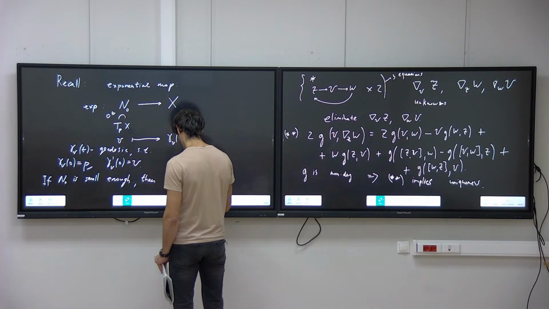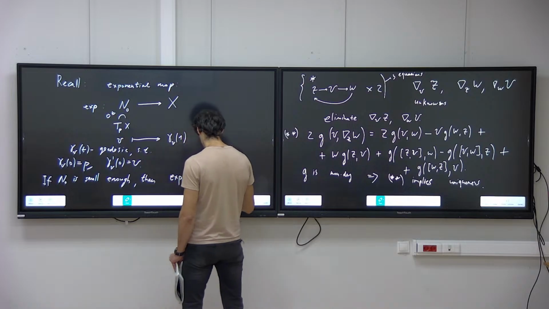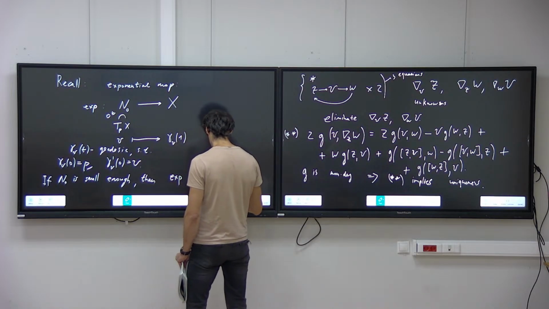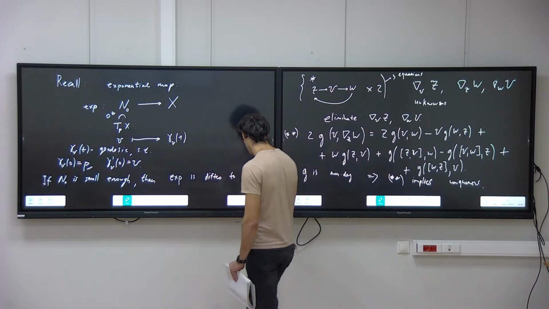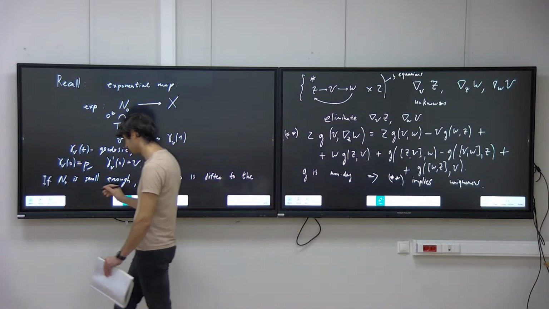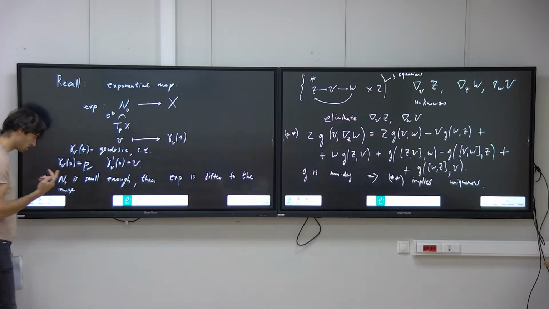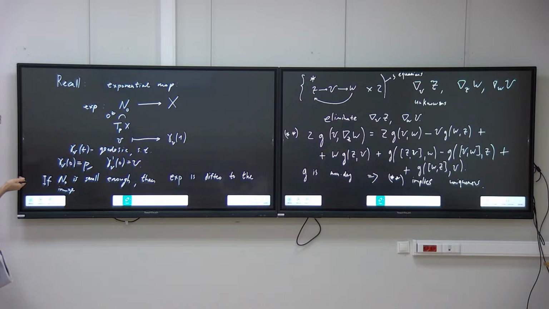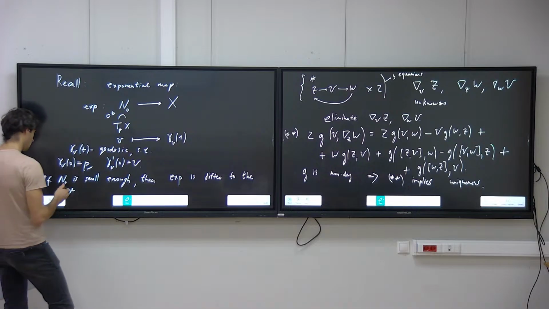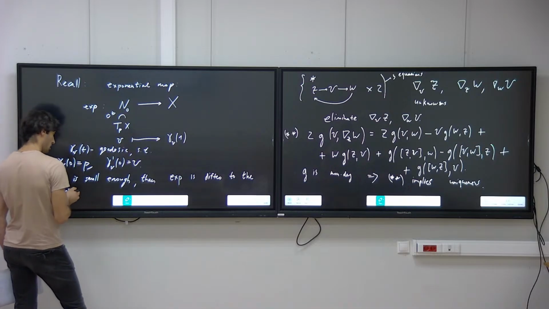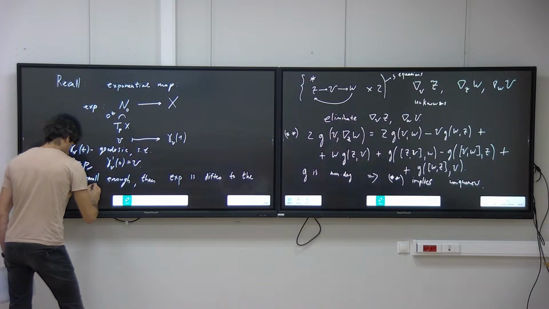exp is a diffeomorphism to the image. So if N0 is this small, so that the exponential map is a diffeomorphism, then such N0 we call normal.